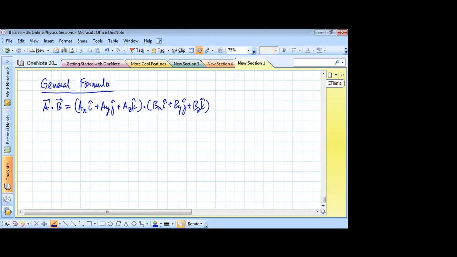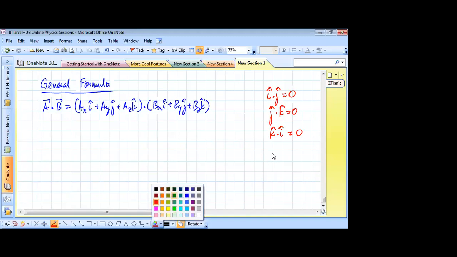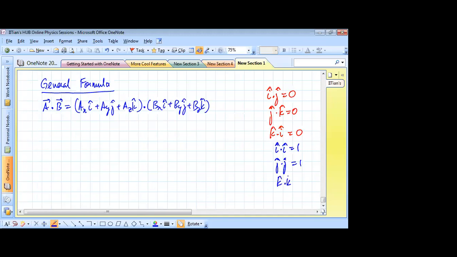We know that I cap dot J cap is 0, J cap dot K cap is 0, and K cap dot I cap is 0. Whereas, on the other hand, we know that I cap dot I cap is 1, J cap dot J cap is 1, and K cap dot K cap is 1.